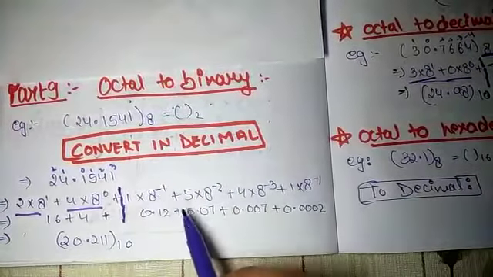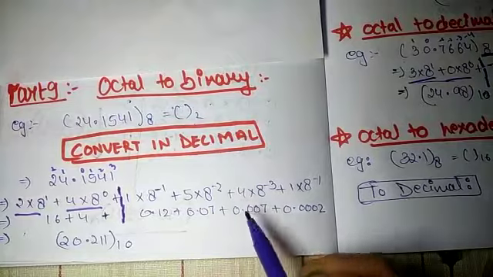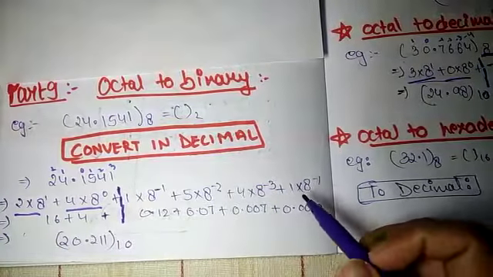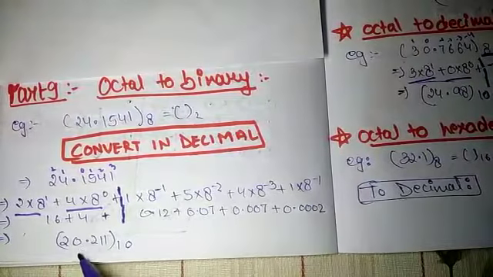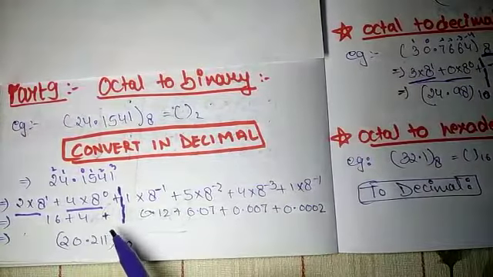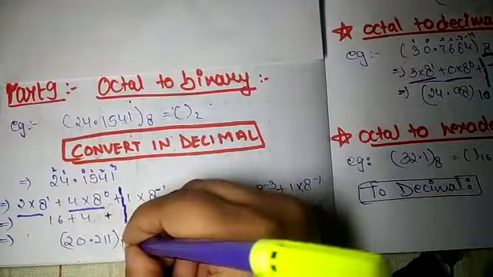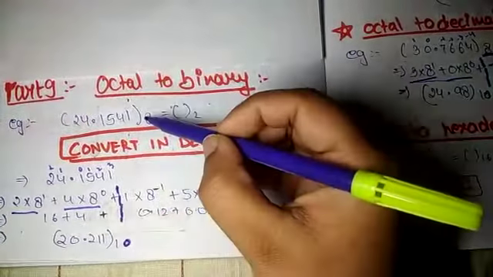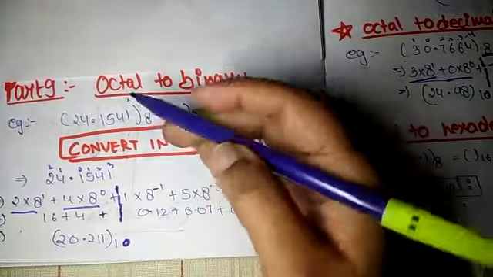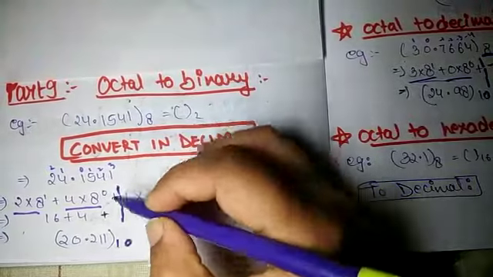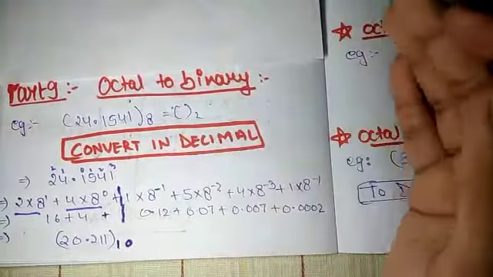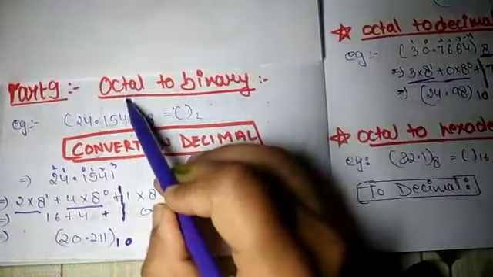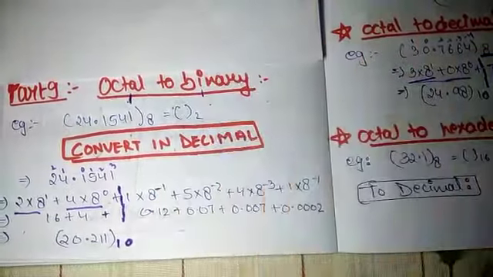Then 1 into 8 power 1, plus 5 into 8 power 2, plus 4 into 8 power minus 3, plus 1 into 8 power minus 1. After adding all these values, what I am getting is 20.211, which is of base 10. We have converted this octal value to the decimal value. Now we have to convert this decimal value to a binary value, as at the end we have to convert octal to binary.